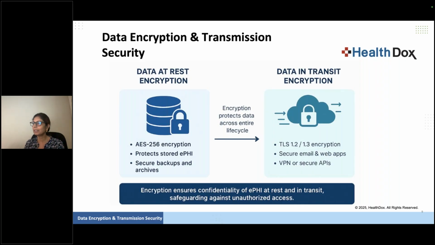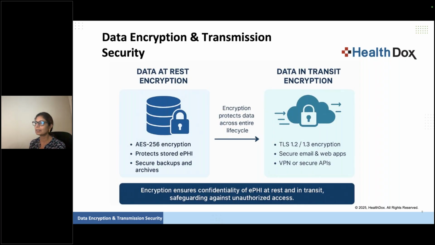TLS 1.3 has a lot more secure features, and this protocol helps secure communication over the internet, like the use of HTTPS. When you're looking at website security, you see if there is an S at the end, which is for security, and then using emails, VPNs, etc.